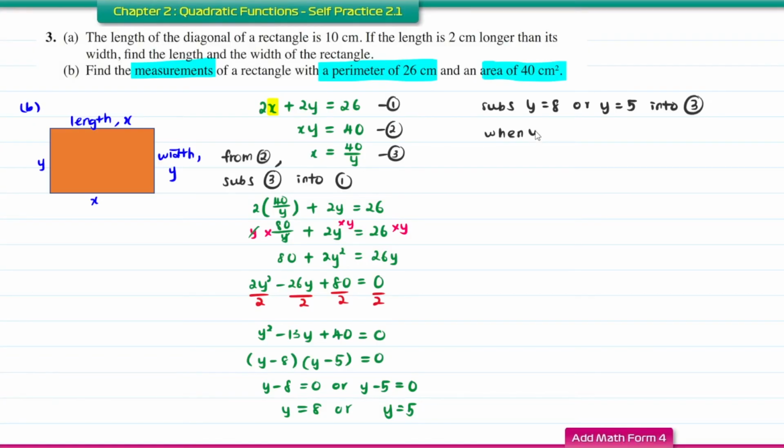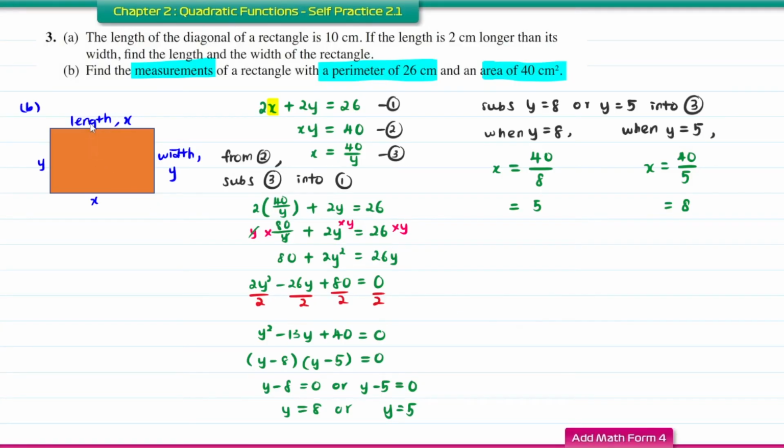First, when y is equal to 8, we substitute here, x is equal to 40 over 8, which will give you the answer of 5. When y is equal to 5, substituting into equation number 3, x is equal to 40 over 5, which is 8.